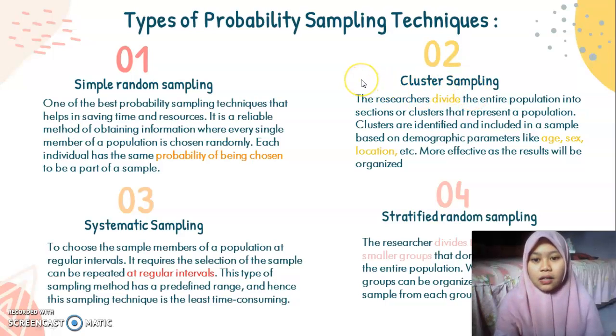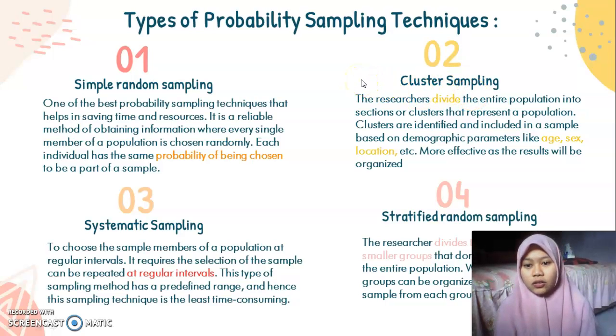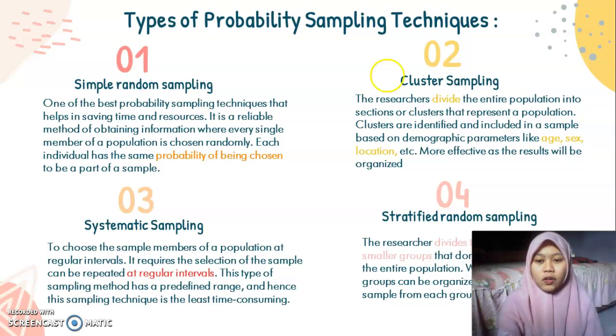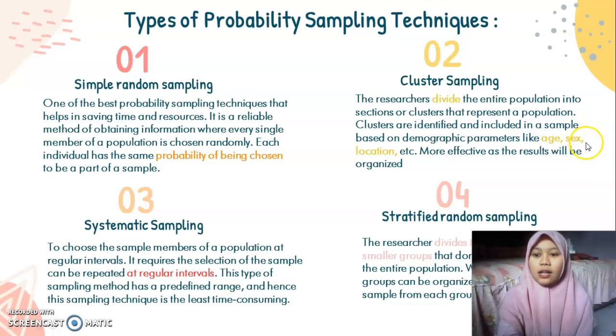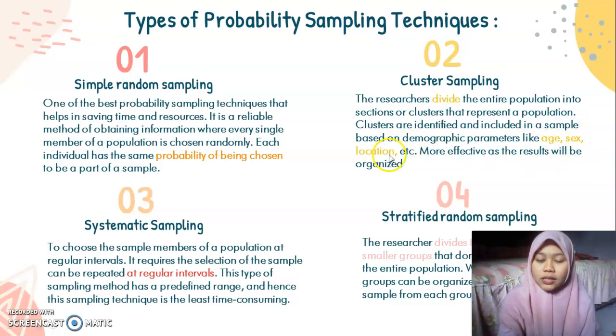And second is cluster sampling. In cluster sampling, the researchers divide the entire population into sections or clusters that represent a population. Clusters are identified and included in a sample based on demographic parameters like age, sex, or location, and others.